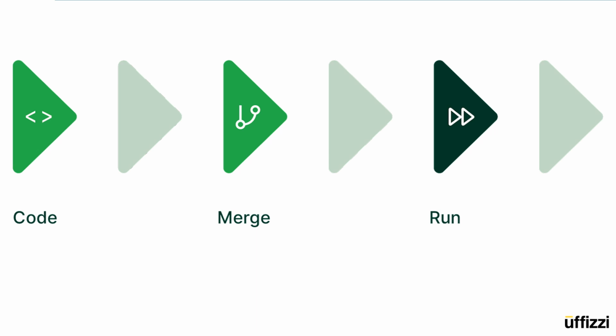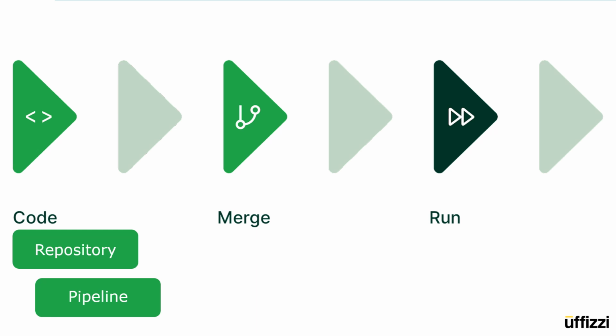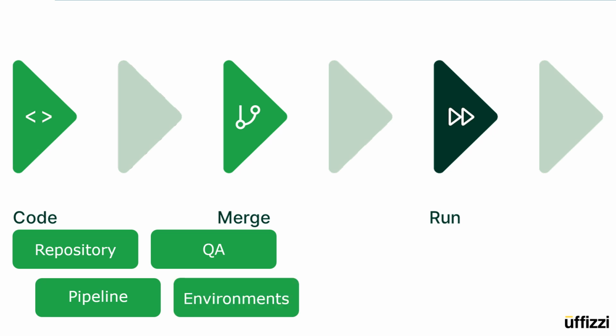To name some capabilities, a team probably needs a repository to store code, pipelines that will run when code is updated, automated scans that run when the pipeline runs, which might include security checks, code quality checks, and running tests, and the creation of ephemeral environments.